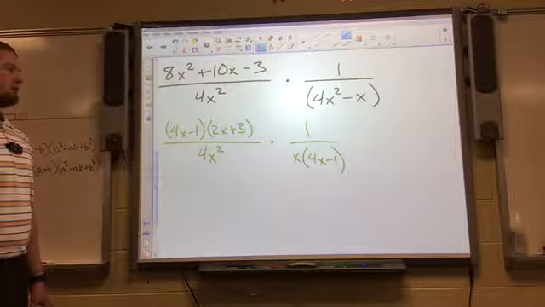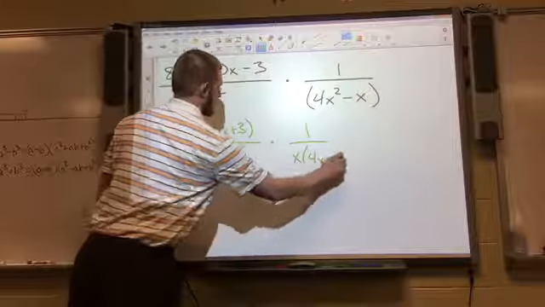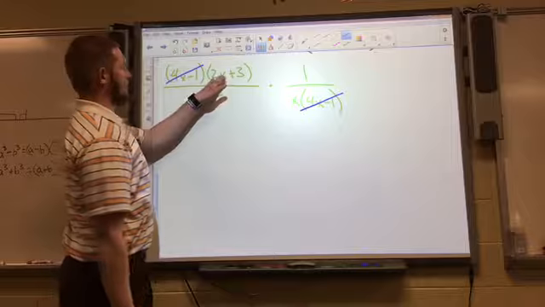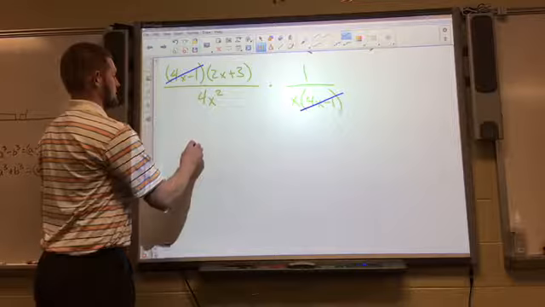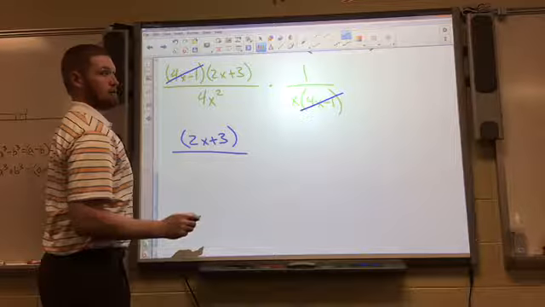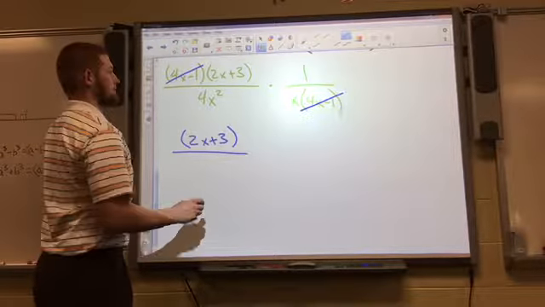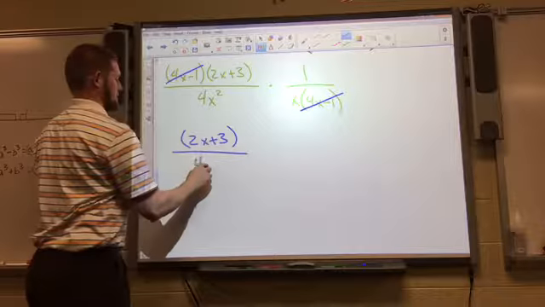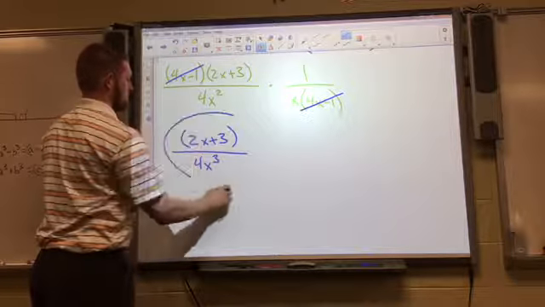What cancels, Megan? 4x minus 1. Anything else? No. So on top now I get 2x plus 3 over 4x cubed, because you have 4x squared times x, which is 4x cubed.